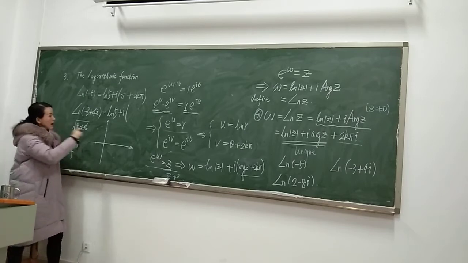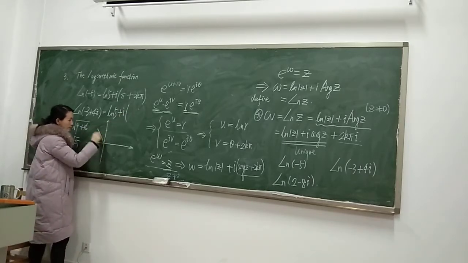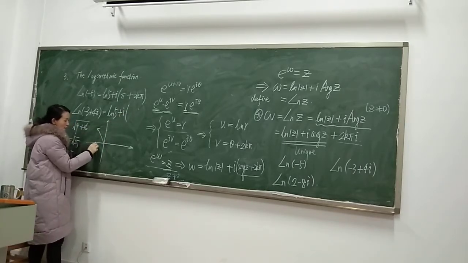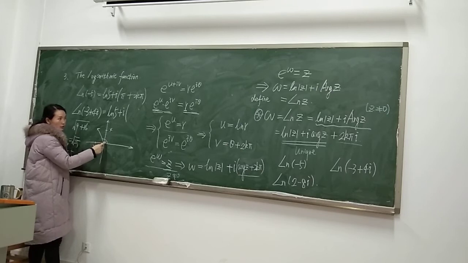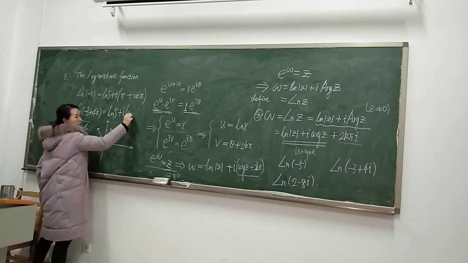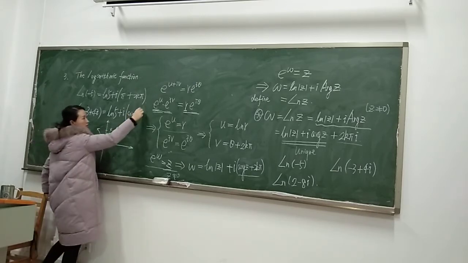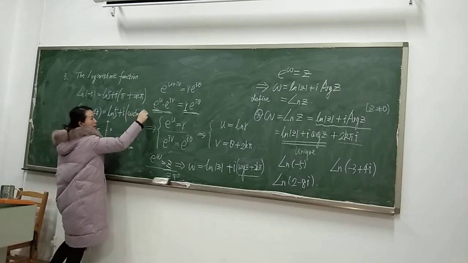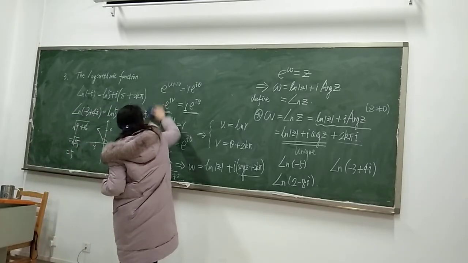Okay. Now I will compute this one. Here is -3. Here is 4. So this angle is arctangent y over x. This is the principal argument of this.